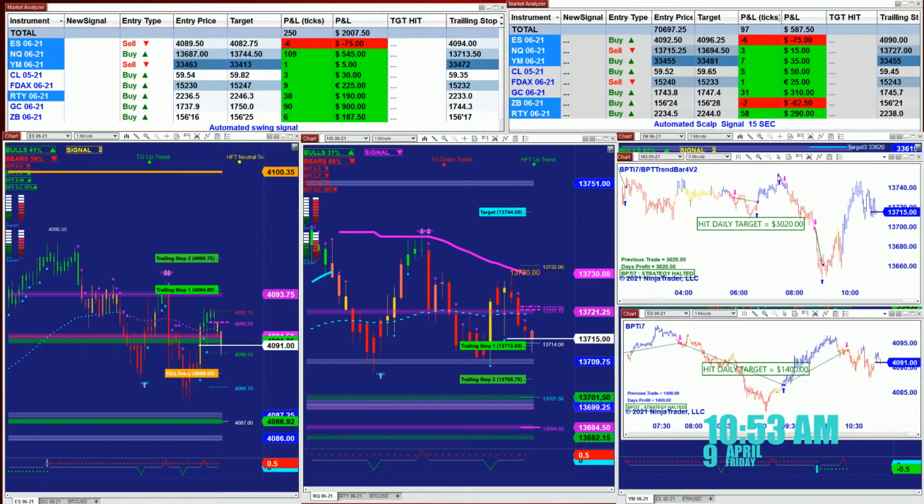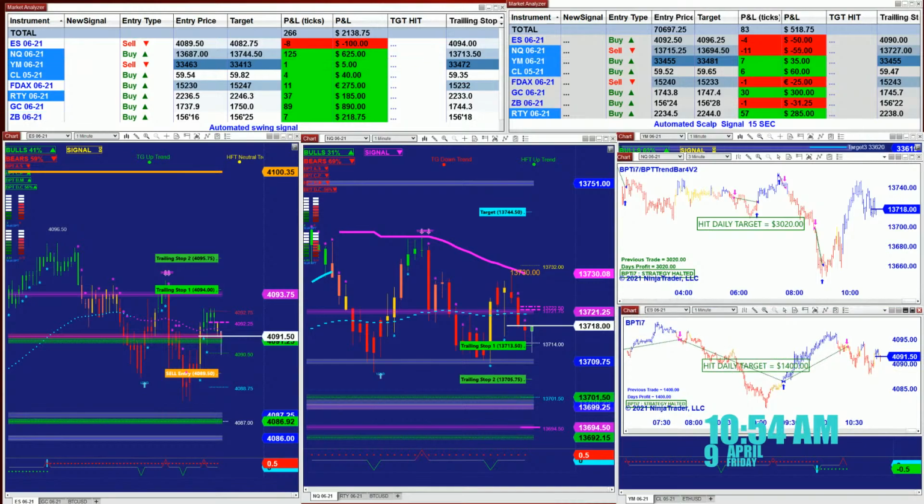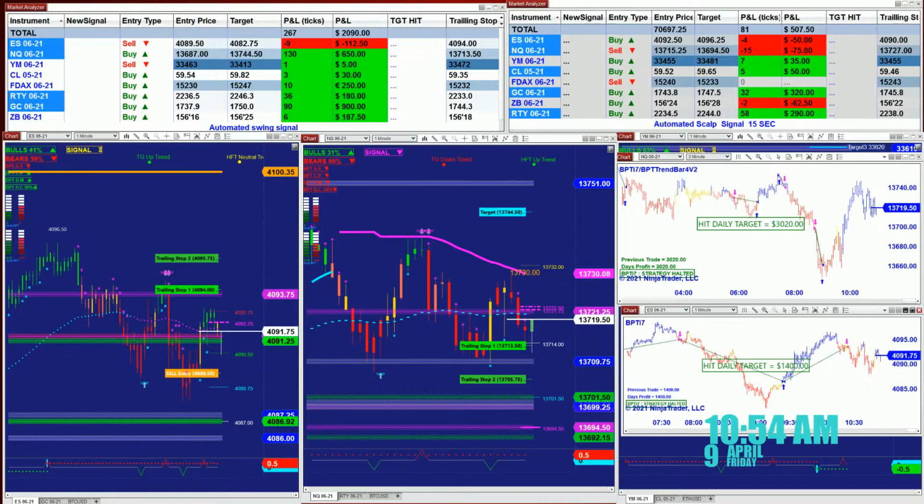Unless you are using a much higher time frame, like 13 range or something, then it's a different ball game. But based on minutes, range bars, all this, it's not going to survive this volatility in the market.